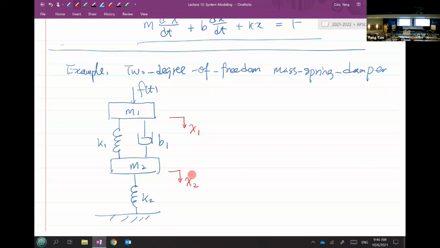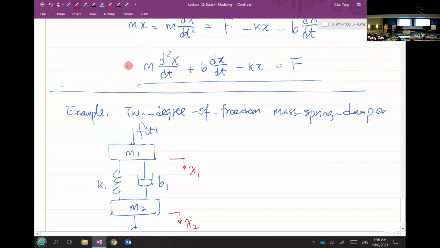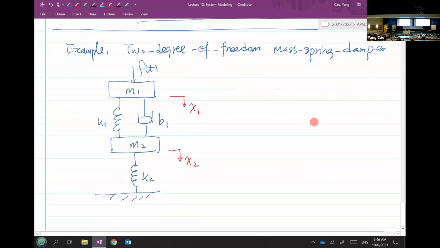So how would we model this system, to come up with a second order differential equation like this one? Of course, as you can imagine, we're going to come up with 2 equations, 1 for X1 and 1 for X2.